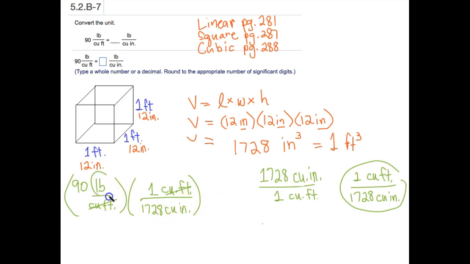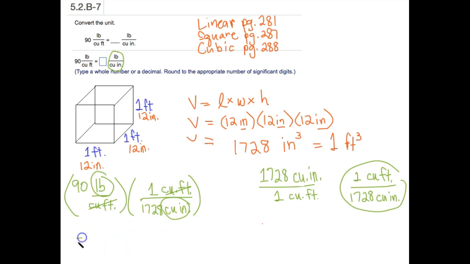And I end up with pounds in the numerator, cubic inches in the denominator, which is what I want right here. And so I can see if I go ahead and figure out my number, I'll have the correct units. So I want to take 90 and divide that by 1,728.